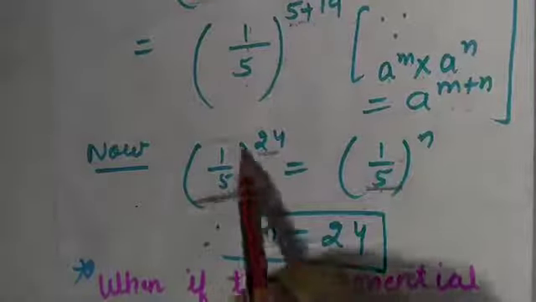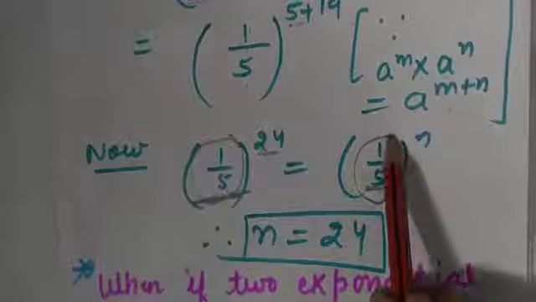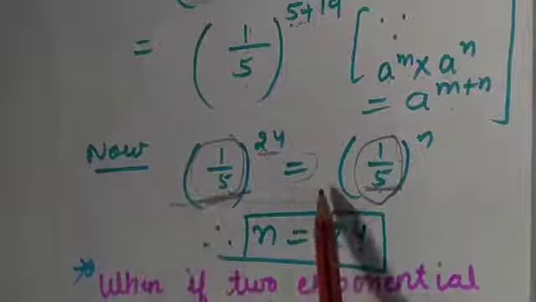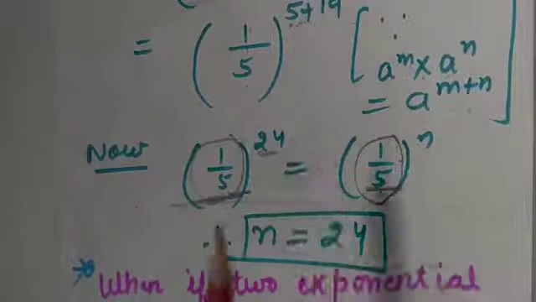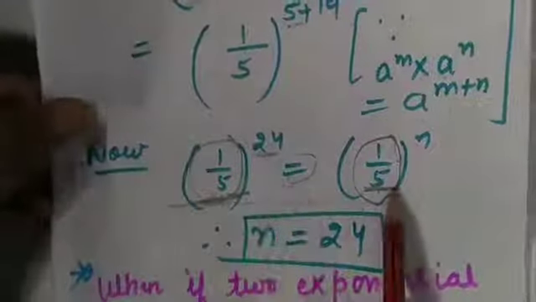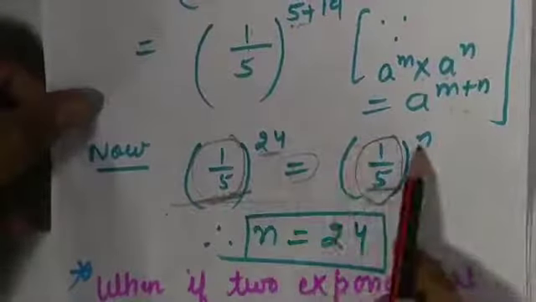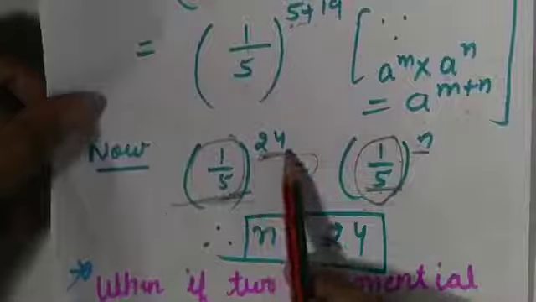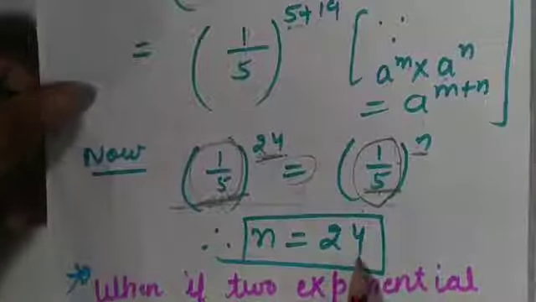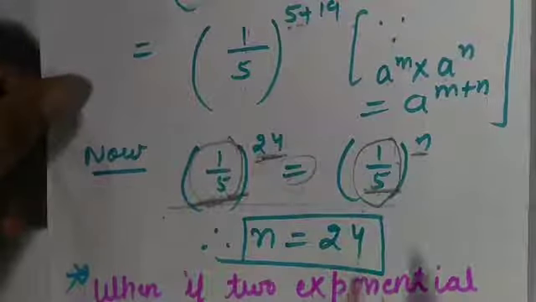Here the bases are the same, that is 1 by 5 and 1 by 5, and this is an equation, so the powers must be the same. So n is equal to 24. So 24 is the value of n.